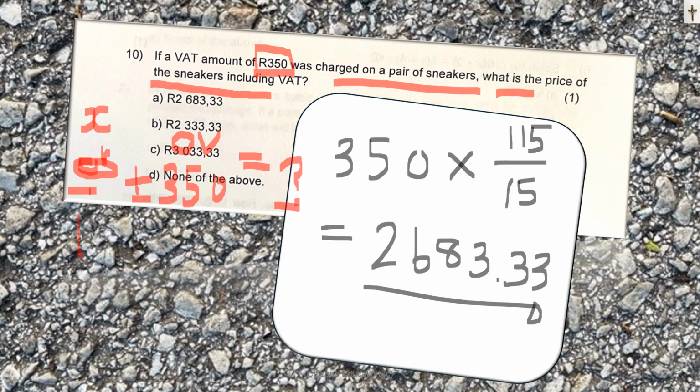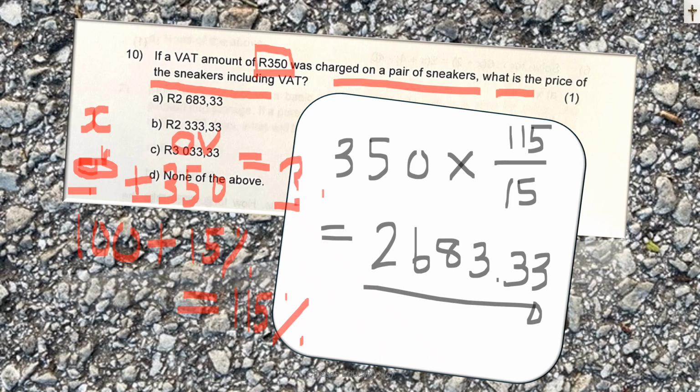Now the sneaker price excluding VAT, you let equal 100%. The VAT amount, we know VAT is 15%. So what is the selling price if we were looking at percentages? 115%.